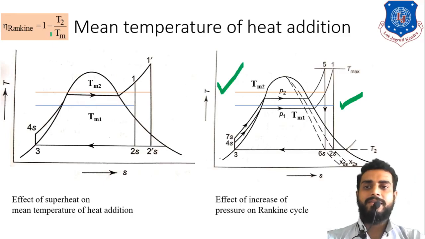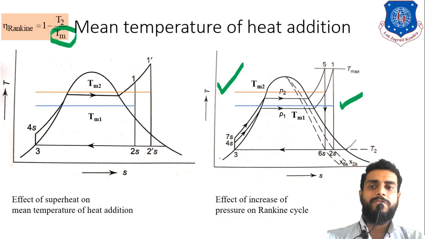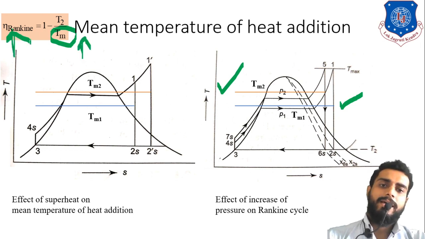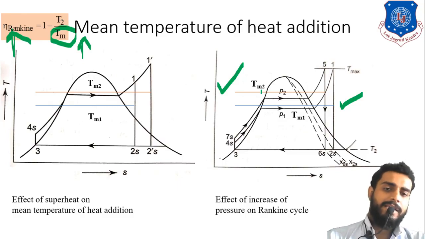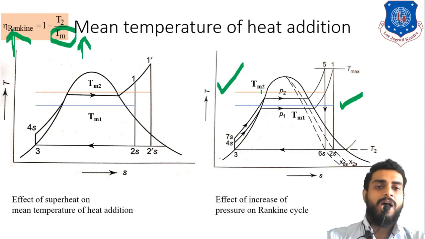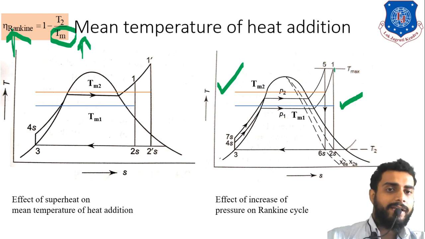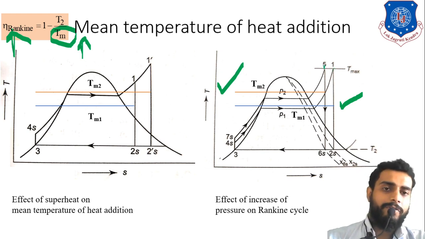So that is our benefit, right? Because according to the equation of efficiency, if we are increasing the mean temperature of heat addition, then our efficiency will also increase, right? So that is the benefit for us. But here the limitation is, now just observe clearly and sharply, that if we are increasing the pressure, then what will happen in the turbine?